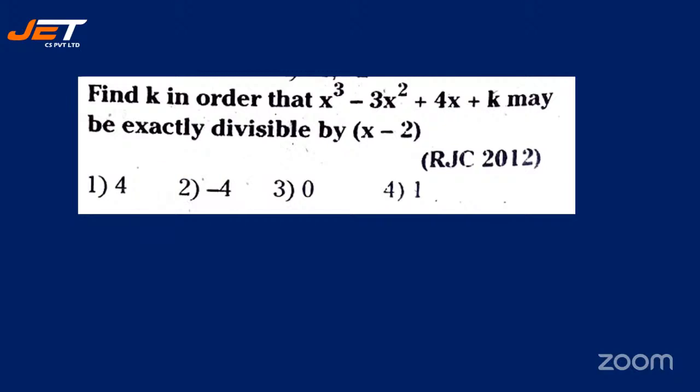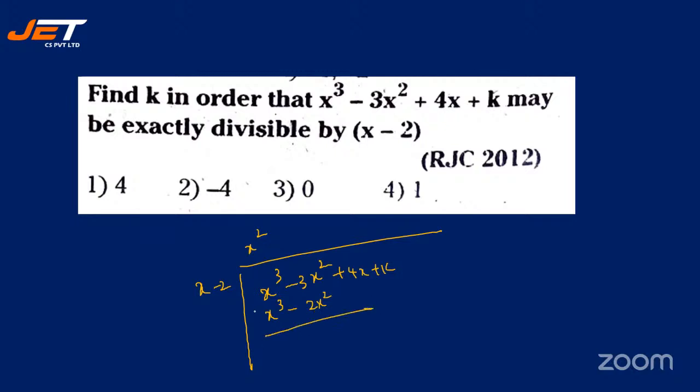For those who haven't got the answer, x minus 2, we are going to divide x cube minus 3x square plus 4x plus k. So x into x square is x cube minus 2x square. Let's change the sign.